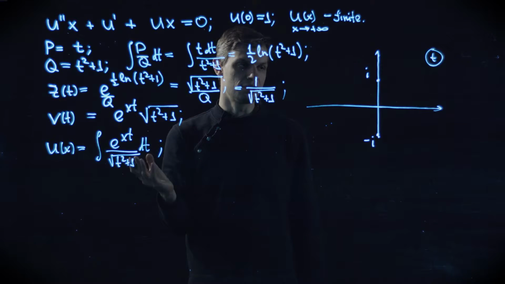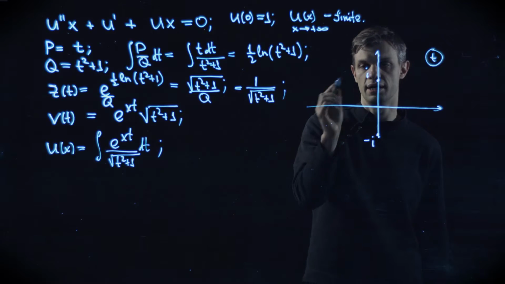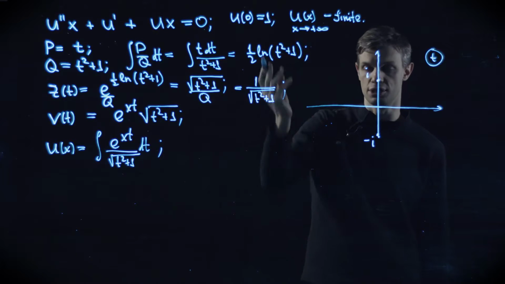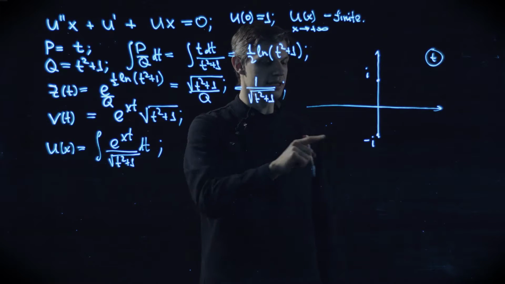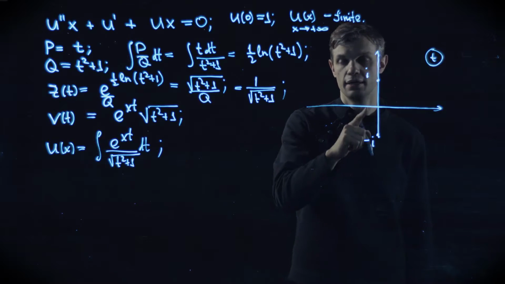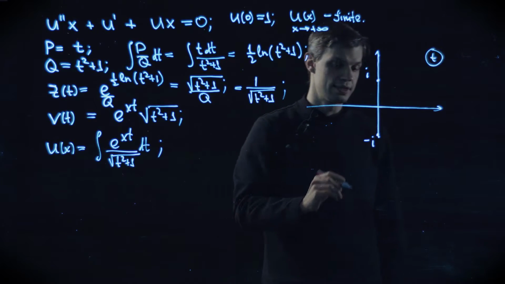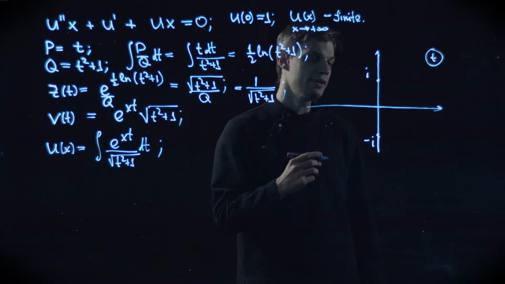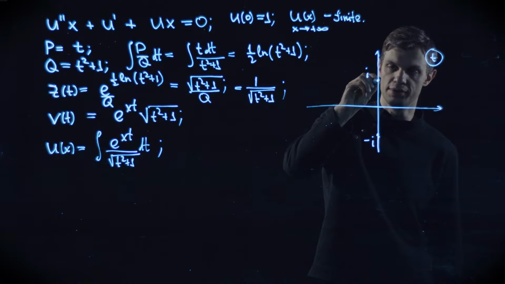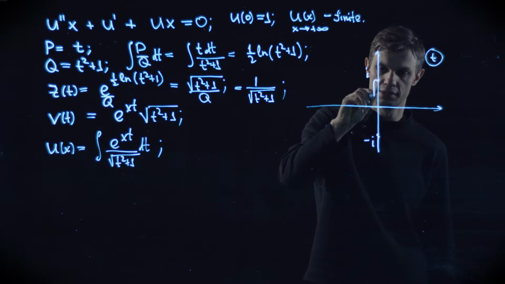There are different configurations of branch cut. For example, you can draw a branch cut from point minus i to negative infinity in any direction. Or you can draw a branch cut connecting these 2 points, and then again the regular branch of this function will be fixed. In this example, for pedagogical reasons, I will choose the simpler branch cut, which just connects these 2 points, i and minus i. Okay, so here it is.